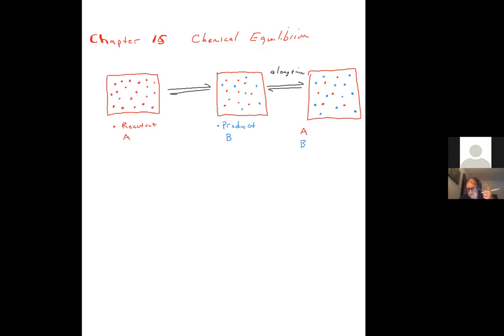It's stopped changing. So let's count up the A's. Hopefully I can count it. 1, 2, 3, 4, 5, 6. And let's count up the B's. 1, 2, 3, 4, 5, 6, 7, 8, 9, 10, 11, 12. I think I counted that right.